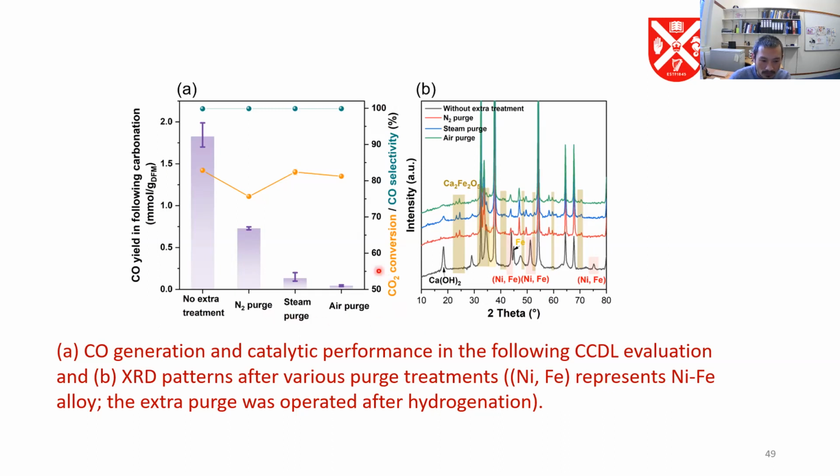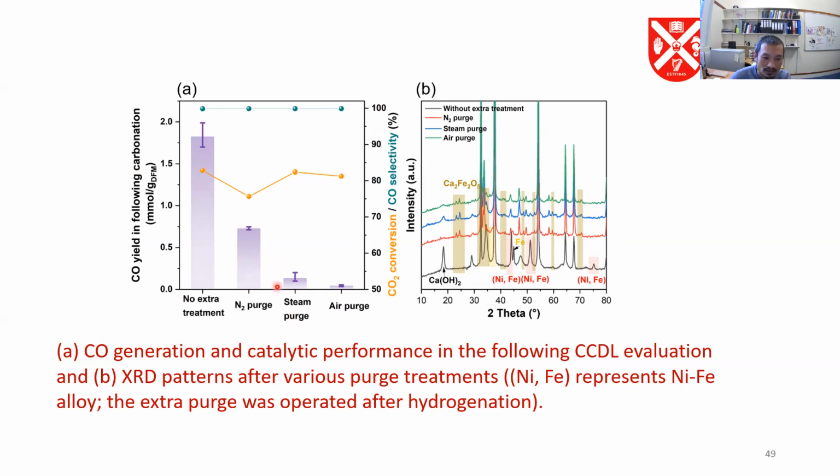That means after the CO2 utilization, we can use a nitrogen purge, steam purge, or air purge. Basically, this is just to oxidize the nickel and the iron, or if any carbon is left there, we can oxidize the carbon. So after the oxidation, during the CO2 capture stage, we will have much less CO production.